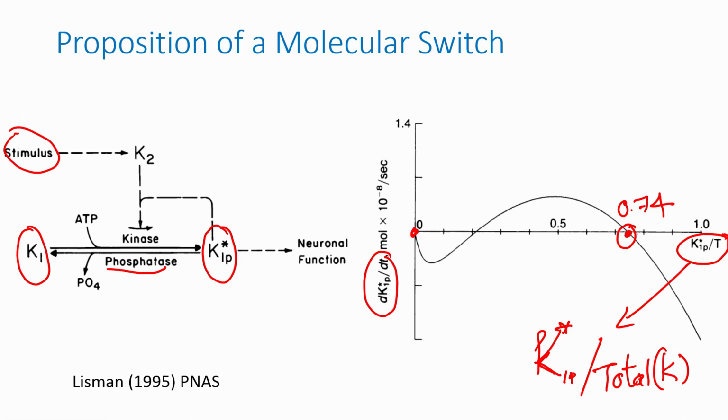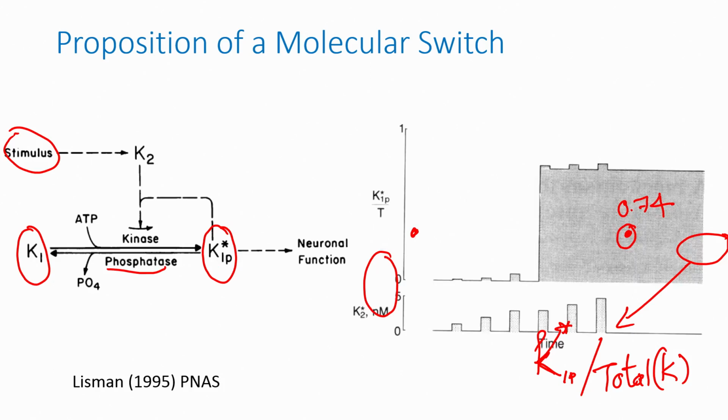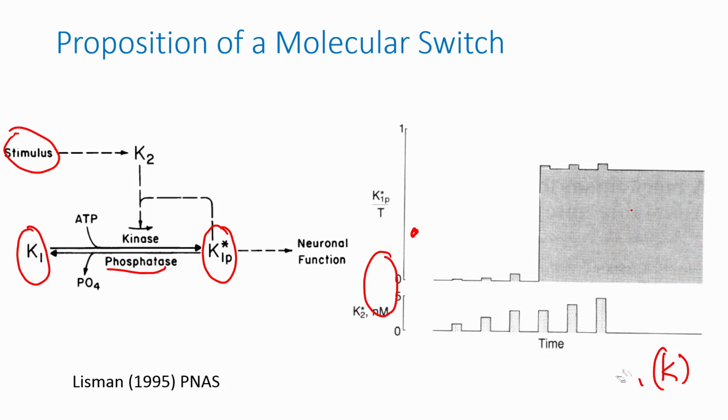So, these two states form very good stable states, and now you can ask, if they are forming these stable states, can I simulate a stimulus arriving and then monitor or plot the concentration of K star P 1 P as a function of time when the stimulus is arriving, and look at that behavior? They did that in that paper, and you can look at this now, where we are plotting two things as a function of time.